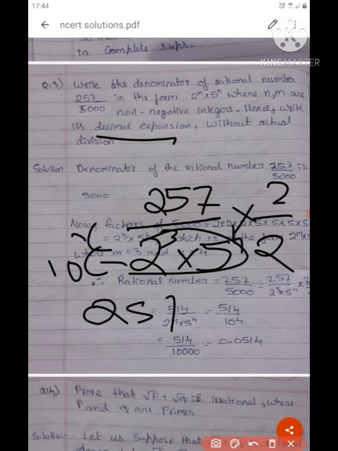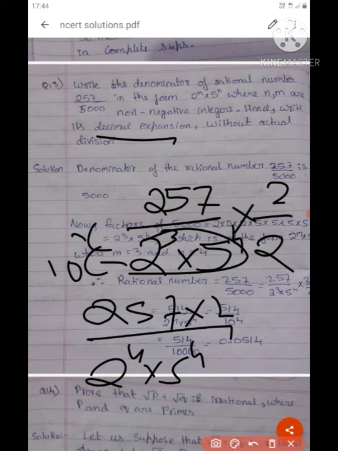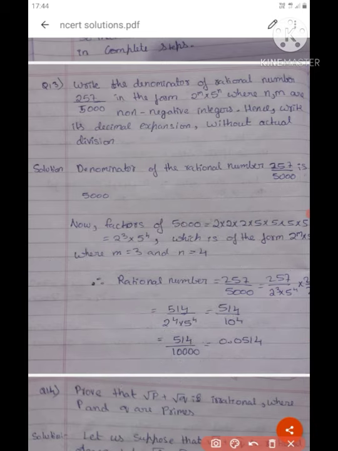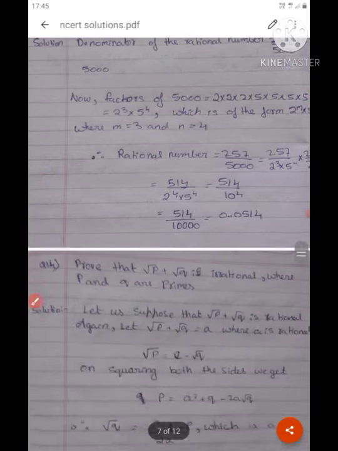So 257 into 2 by 2 to the power 4 into 5 to the power 4, which is nothing but 514 divided by 10 to the power 4. 514 divided by 10 to the power 4 is nothing but 0.0514. So without actual division, we found the decimal expansion. We'll go for the next question.